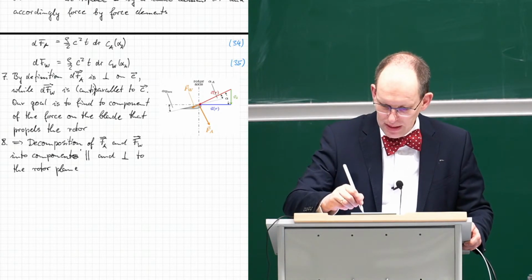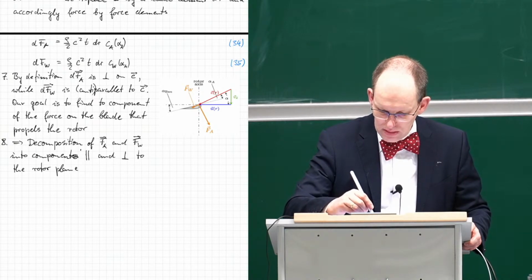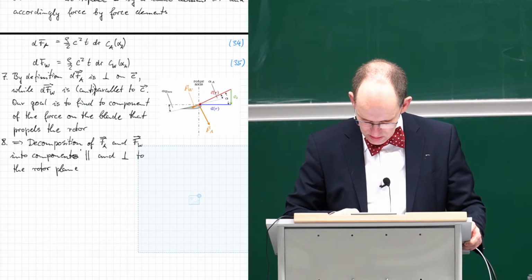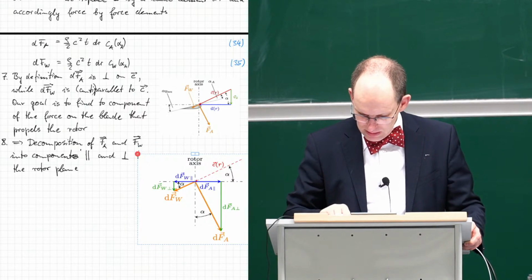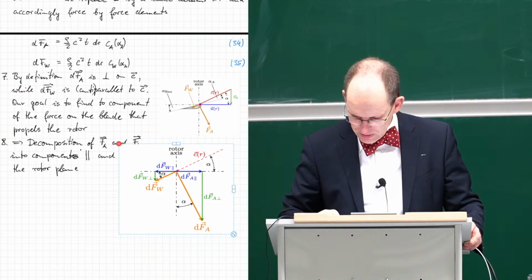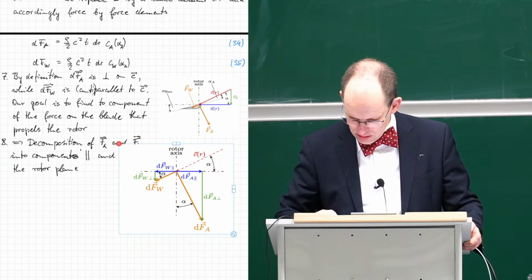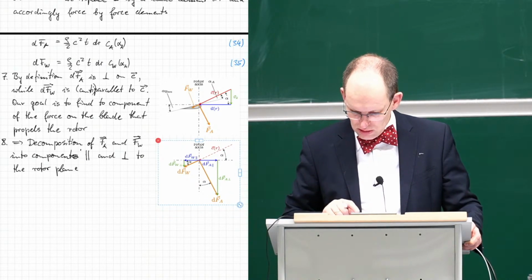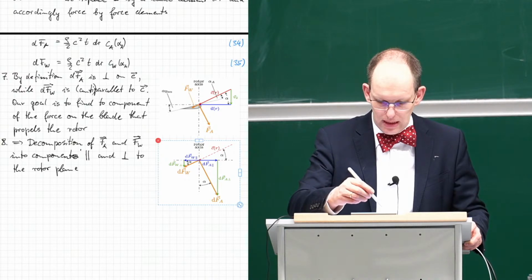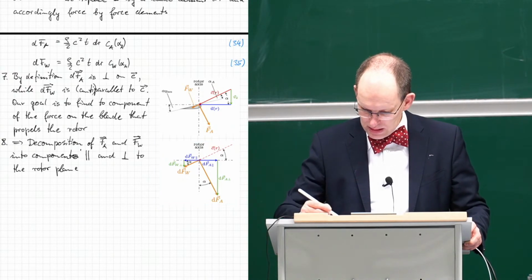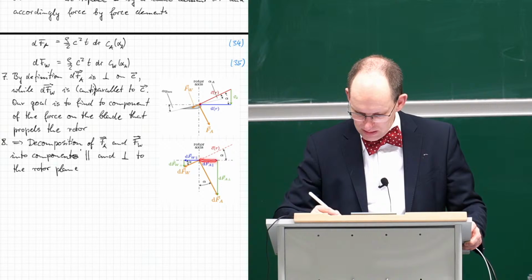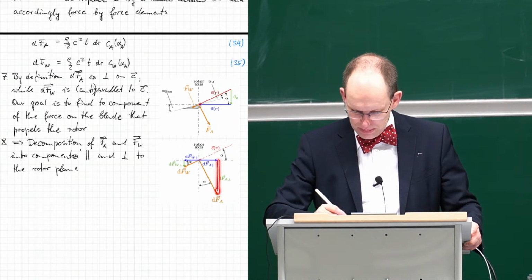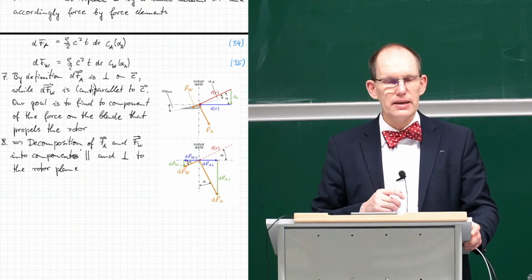Yeah, again, small drawing. So this one here, same drawing as above. The only thing that I did in addition is to decompose these orange vectors. And you see I decompose them, as announced, into components that are parallel to the rotor plane, shown here in blue, and others that are perpendicular to this, shown in green.